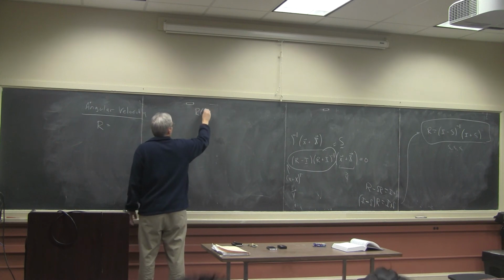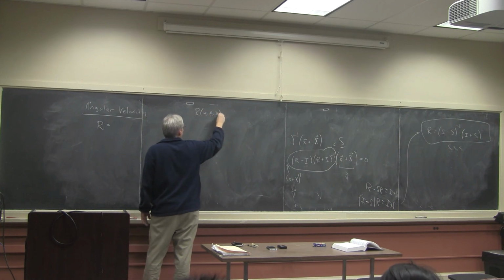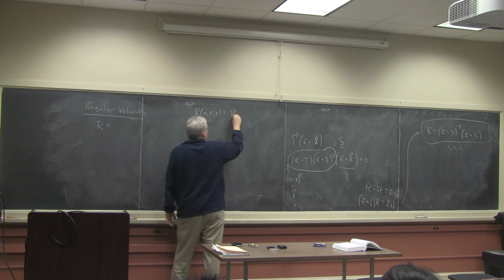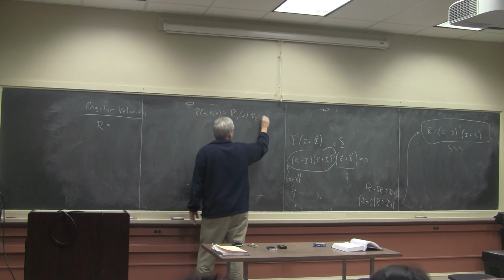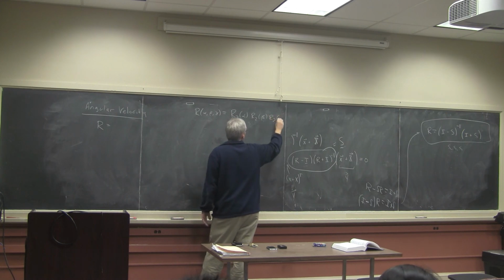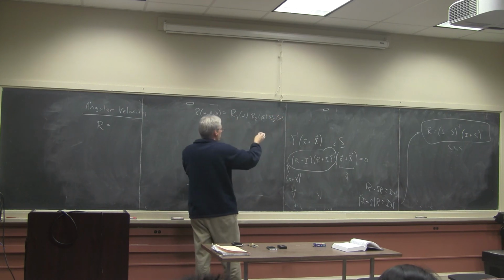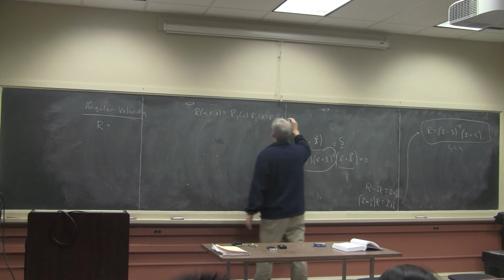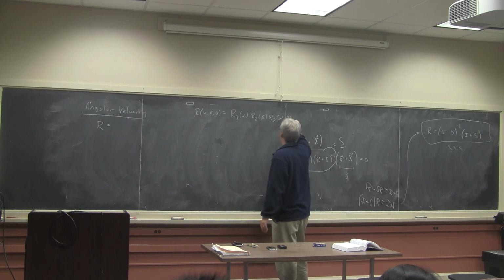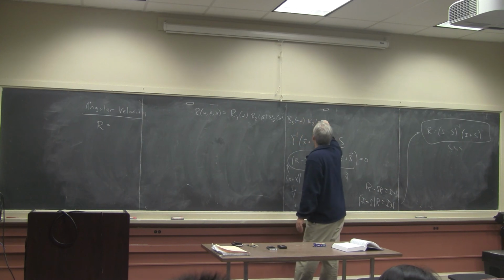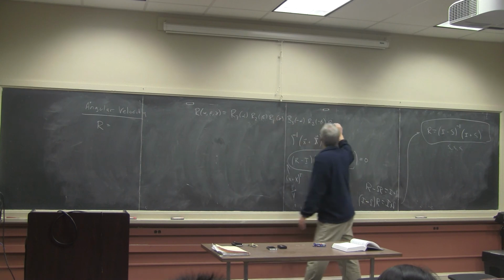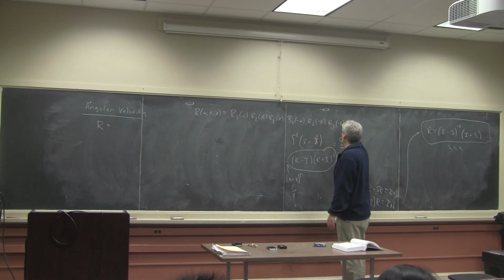It was R of, let's say, I'll use alpha, beta, gamma, but it's not Euler angles. You had a rotation, say, by R1 of alpha, then R2 of beta times R3 of gamma, and then the flippers reversed, but in reverse order. So R3 of minus alpha, R2 of negative beta, actually I guess it was R1 of negative gamma.